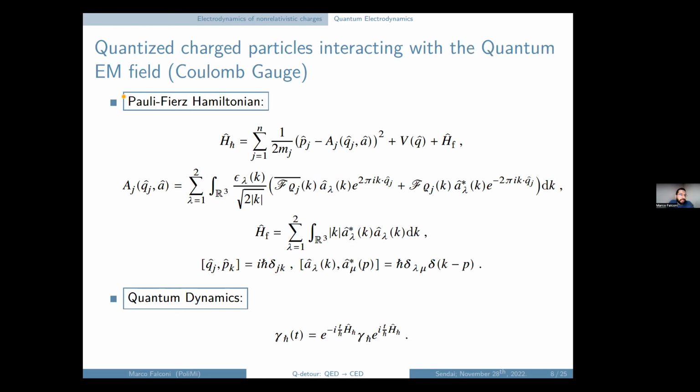And at this quantum level, we write this so-called Pauli-Fierz Hamiltonian, that is the formal, or actually rigorous, quantization of the classical system that I wrote before. We will see why it's actually the rigorous quantization later in the talk.